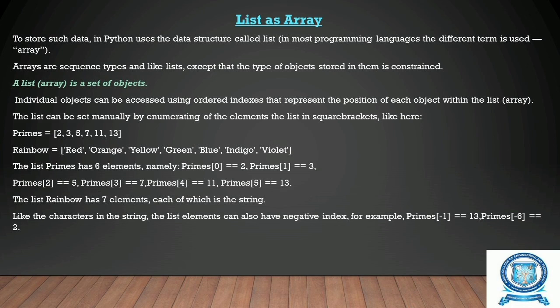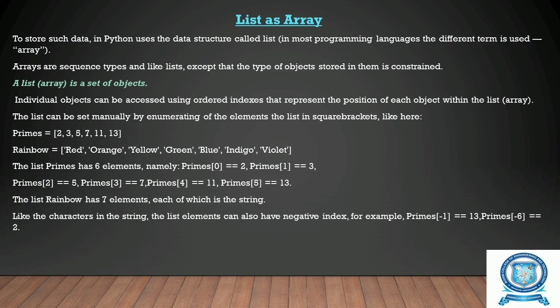Another example is the list rainbow, which has 7 elements: red, orange, yellow, green, blue, indigo, violet. The list primes has 6 elements stored like this: primes[0] is 2, primes[1] is 3, primes[2] is 5, primes[3] is 7, primes[4] is 11 and primes[5] is 13.